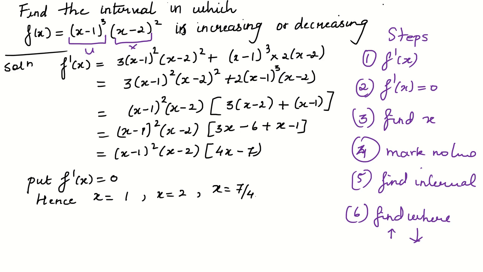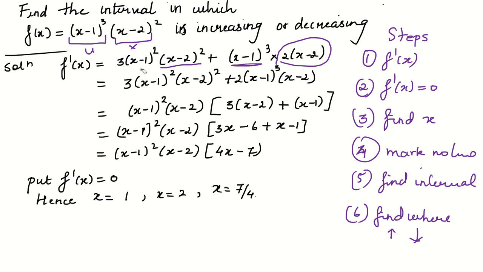So derivative of u is 3x minus 1 the whole square into v, plus derivative of v. So v derivative is 2 times x minus 2 and into u.